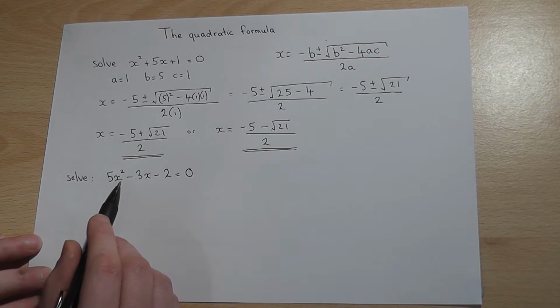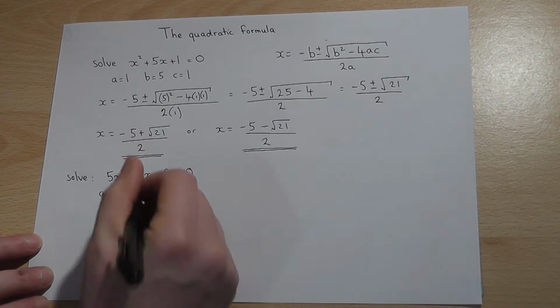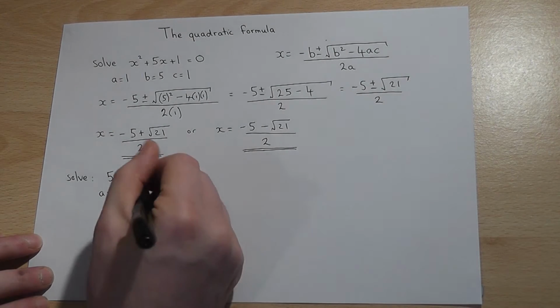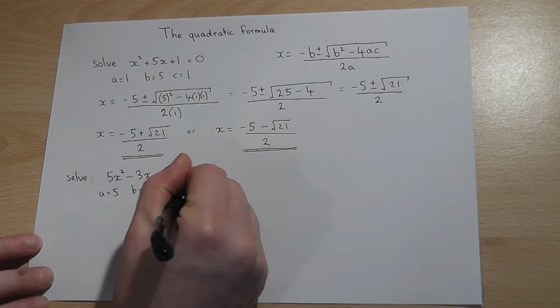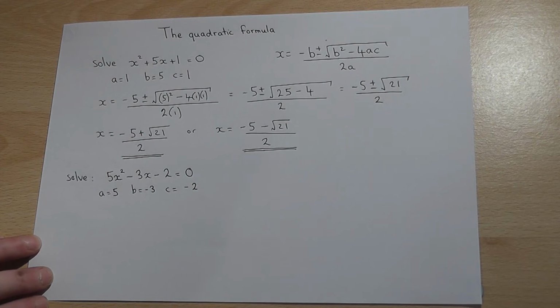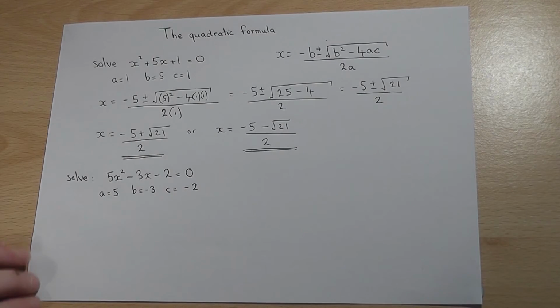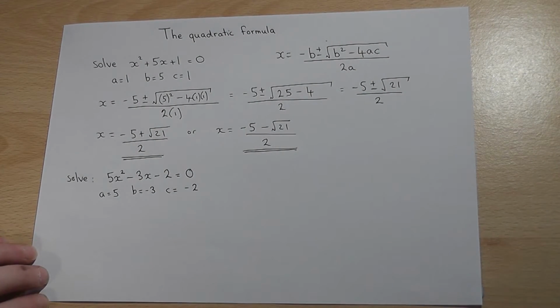But in this case, a equals 5, b is minus 3, and c equals minus 2. So, if we now try and put these values into the expression, let's see what happens.